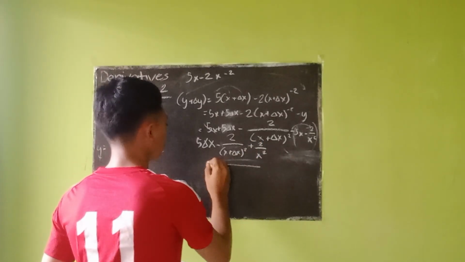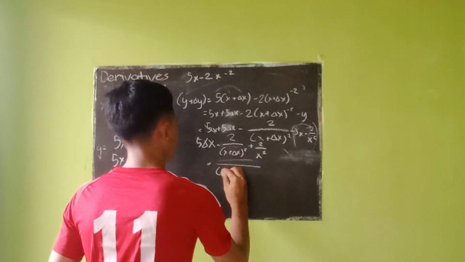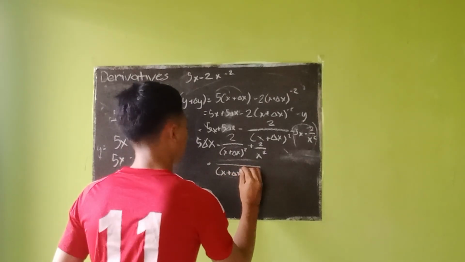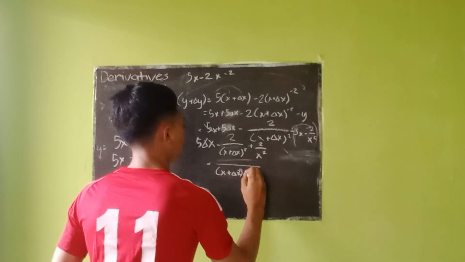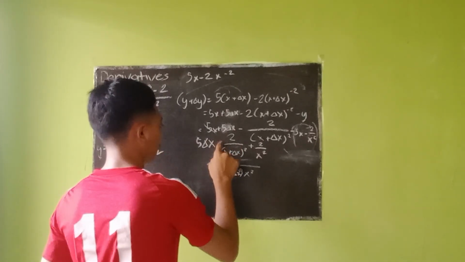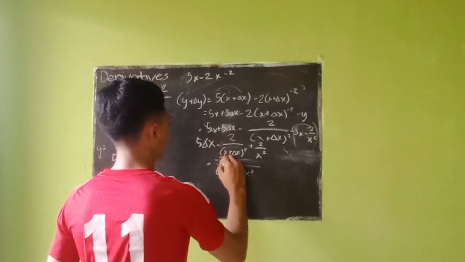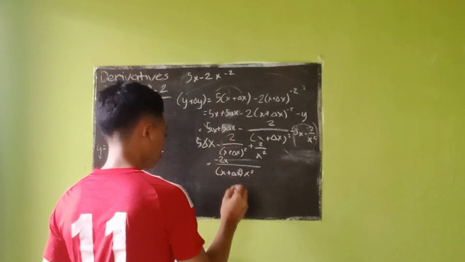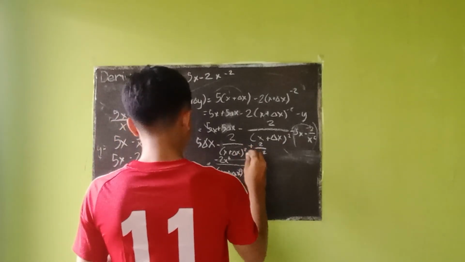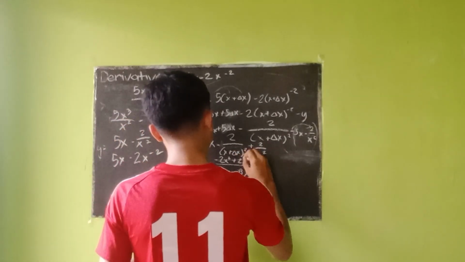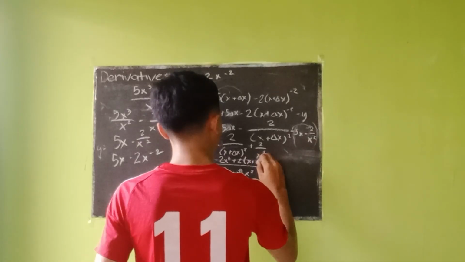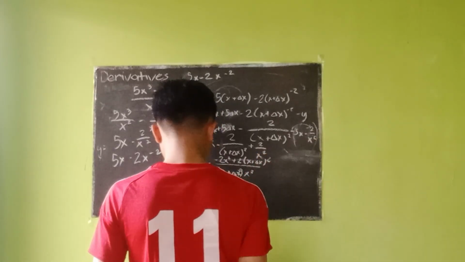So as a result, let's combine them. x plus delta x squared. Then this one, since it is negative, this will be negative 2x squared plus 2 times x plus delta x squared.